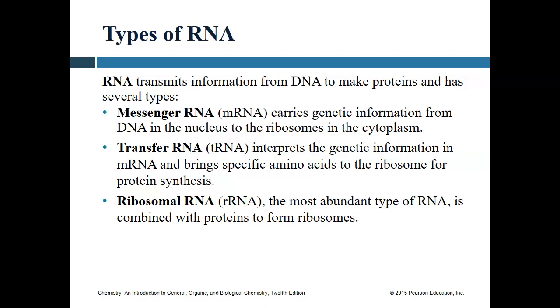The problem is, if I'm interested in creating a protein, I don't need the whole chromosome. I don't even need the whole DNA. I need a small portion of it. And that big chromosome is going to be hard to transport in and out of the nucleus. It's a big molecule, and it's not going to fit through those tiny holes that can hold water.